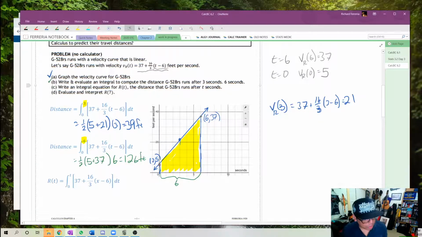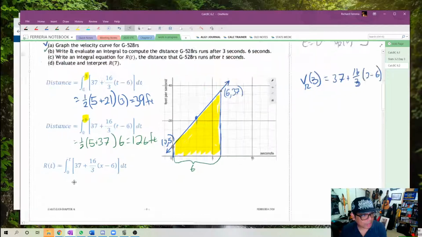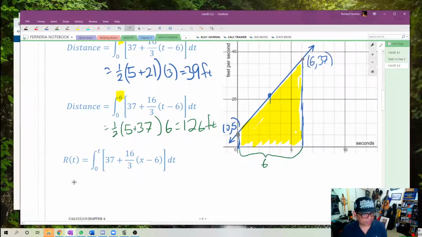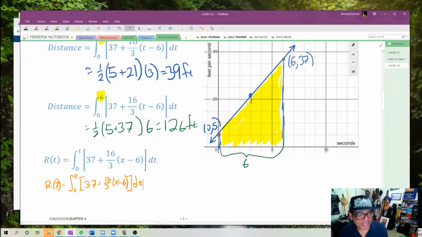When we write the integral this time, the upper limit is going to be replaced with a t. Okay. Now if I want to find at 6 seconds, I meant 7 seconds, we just need to replace the t with a 7, and we're going to evaluate this.